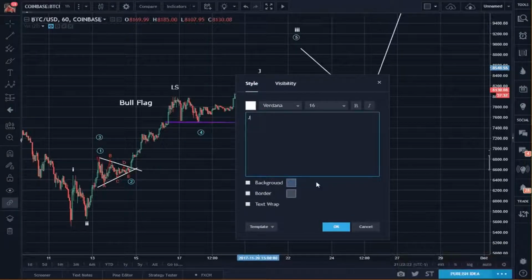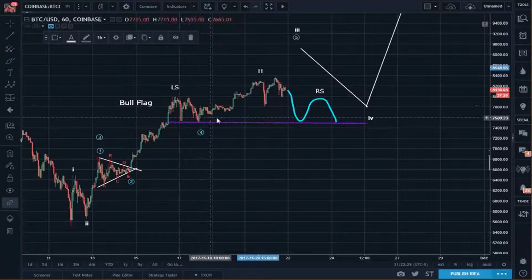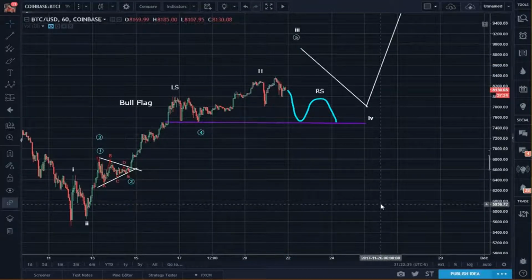Not a J. So we have a left shoulder, head, right shoulder. And this would be the neckline. That's really, I guess, the worst case scenario that I'm looking at right now, just in case. This is like my tertiary count, second alternate.